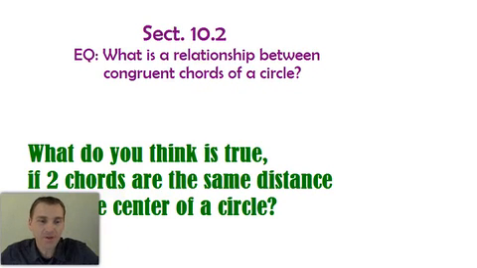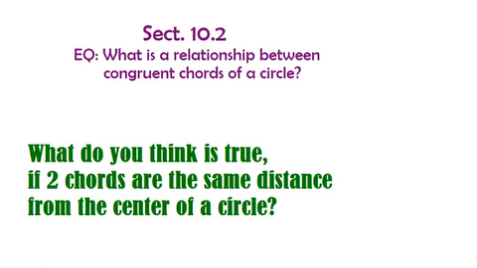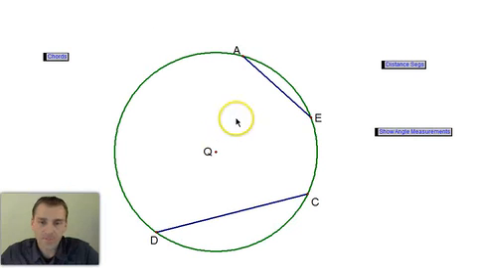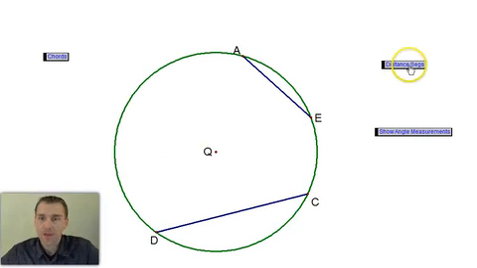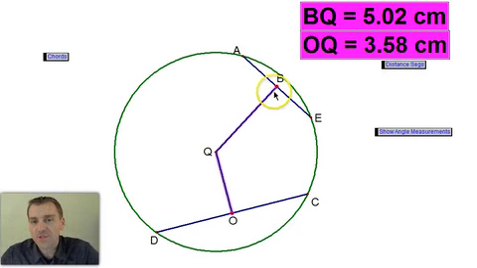Now here's the scoop. Let me show you how this comes about, because as the question says, if two chords are the same distance from the center of the circle, what happens? Let me make this clear with the picture. The distance is the perpendicular segment length from the center to the chord.